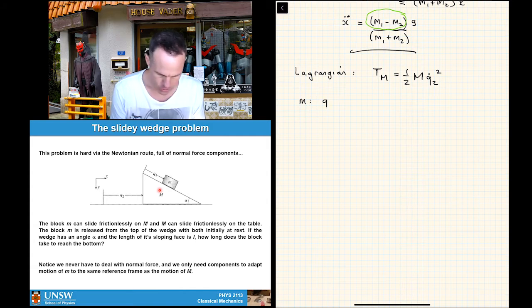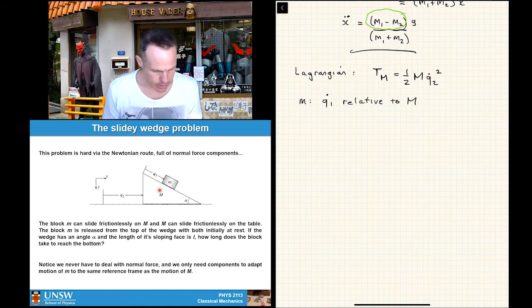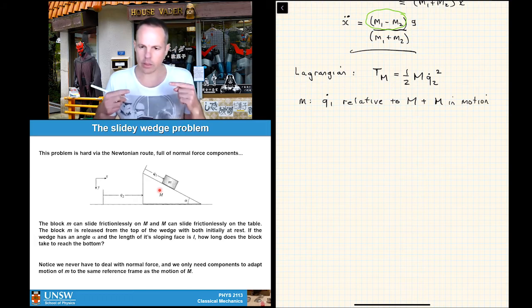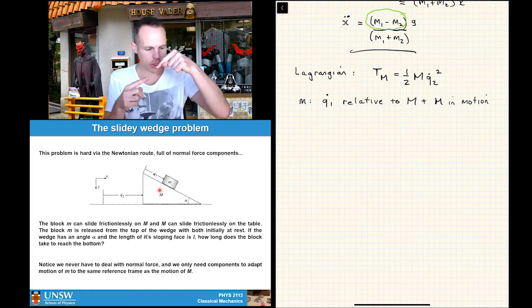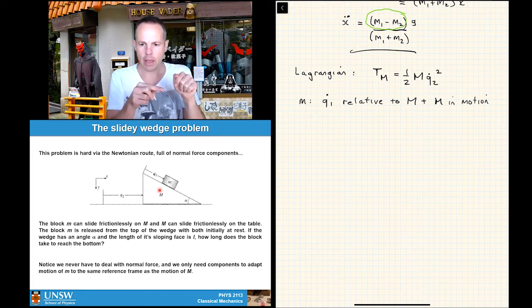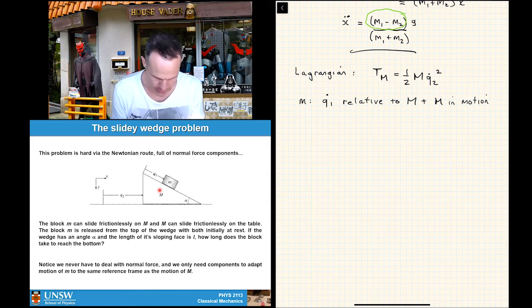There's going to be q1 dot relative to big M, and there's going to be the motion of M. And so what we can do is basically rely on a vector sum, right? So the velocity of little m is going to be its velocity relative to big M, plus big M's velocity, and we just add them as a vector sum, right? So this is fairly simple to do.